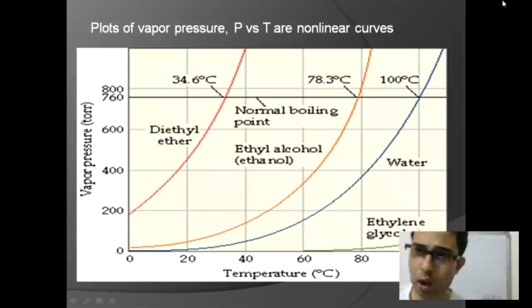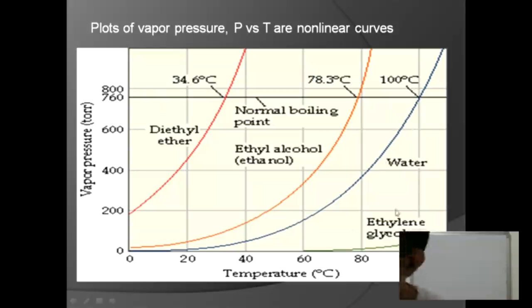Along this line, for ethyl alcohol, diethyl ether, and water, there is a certain combination of pressure and temperature. For example, along this line, water is in equilibrium with steam. Steam is the vapor phase, so it has a vapor pressure. Water is the liquid phase, the condensed phase. Each of these lines determines the state of equilibrium.